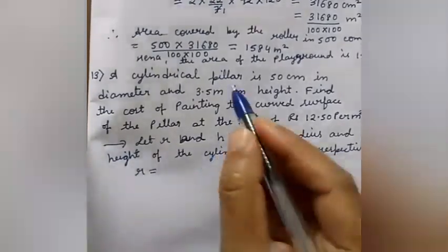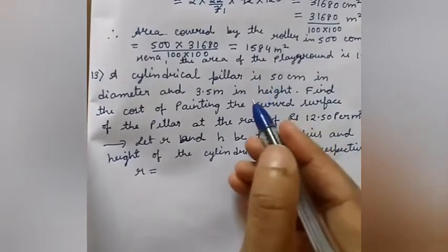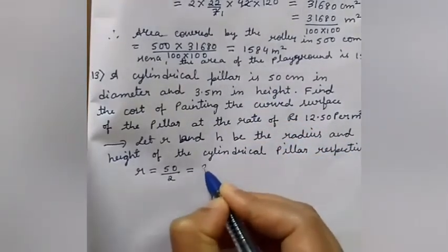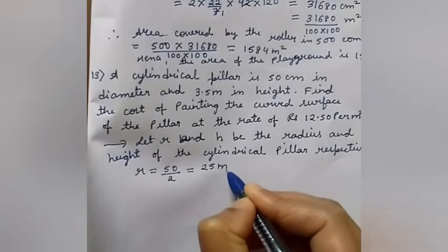The diameter is given, diameter is 50 centimeter. So radius is diameter divided by 2, which is equal to 25 centimeter.